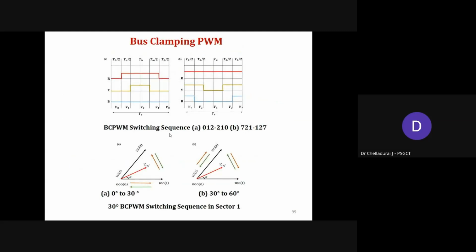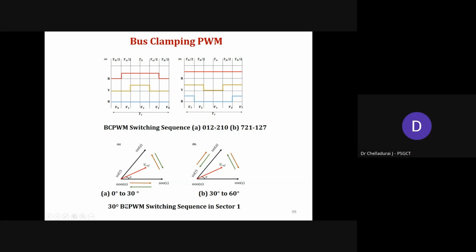One is 30-degree bus clamping PWM. In each carrier waveform duration, the R phase, Y phase, and B phase.